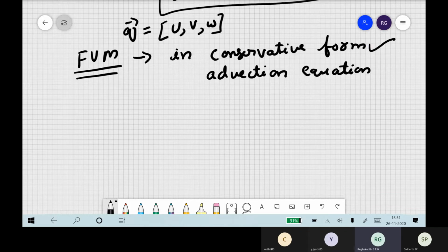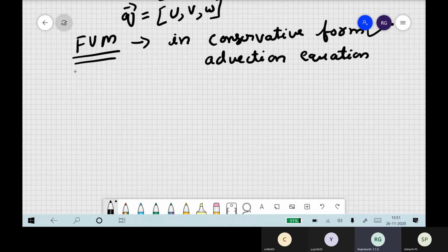Now the method is very simple. If you can write your equation, by doing some algebra here and there, like in finite difference, do you remember how many equations we derived? Does anyone remember what equations we used to solve in finite difference?